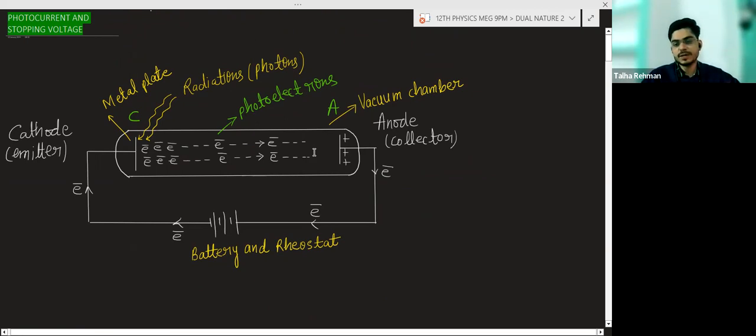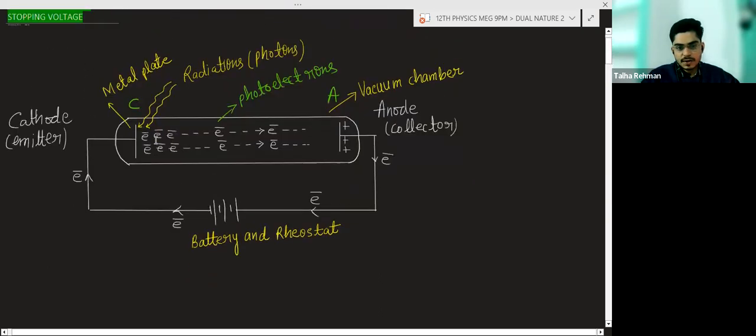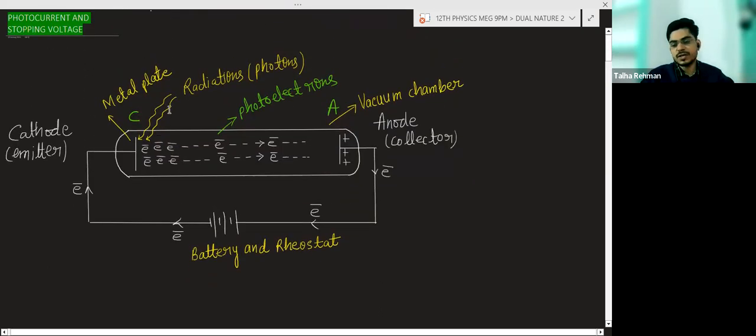But after a certain value of the positive potential, the photocurrent will become constant, because the number of photoelectrons emitted is not increasing. The number of photoelectrons emitted depends upon the intensity of radiation, and the intensity of radiation is the same.